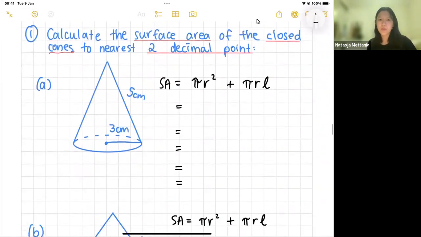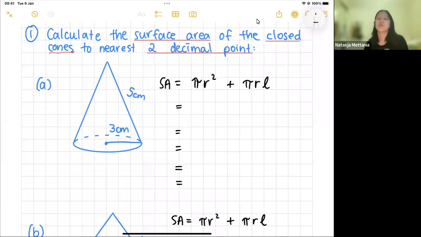Example 1. Calculate the surface area of the closed cones to the nearest two decimal places. The strategy from the last video was to break down our question and highlight the key words. In red, I've underlined surface area because that's what we're trying to find.